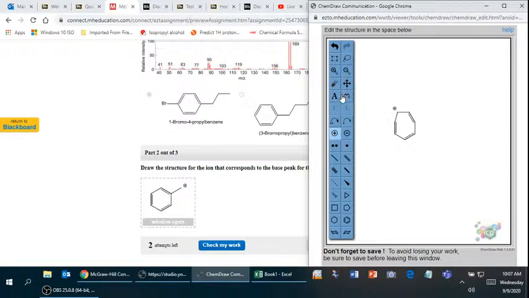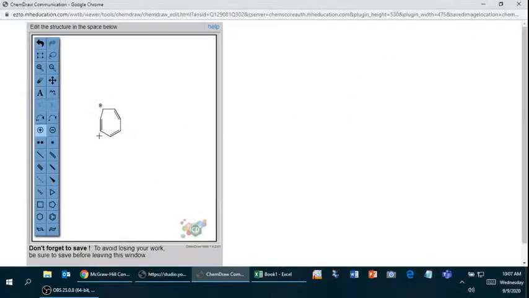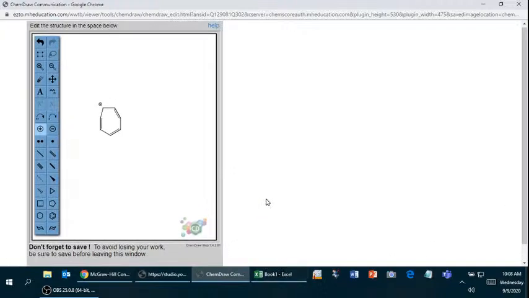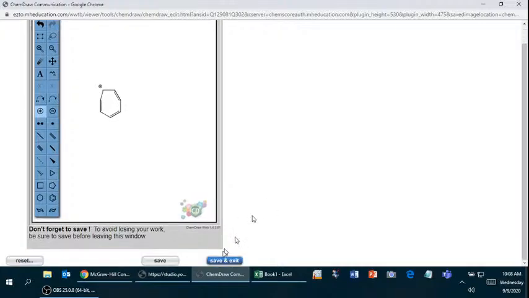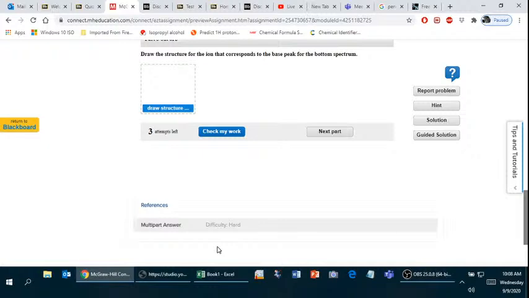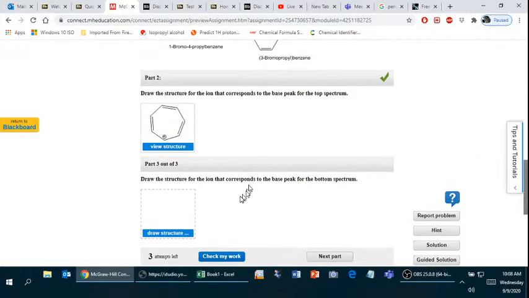Is there a clean structure tool at all? So that's your solution here, is that you end up drawing a 7-membered ring with a carbocation in the ring.